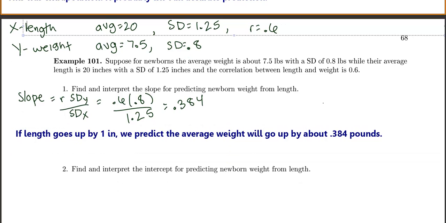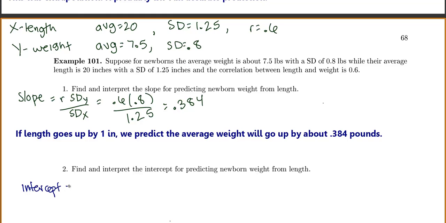Number 2, find and interpret the intercept. So for our intercept, that's going to be our average of y minus our slope times the average of x.